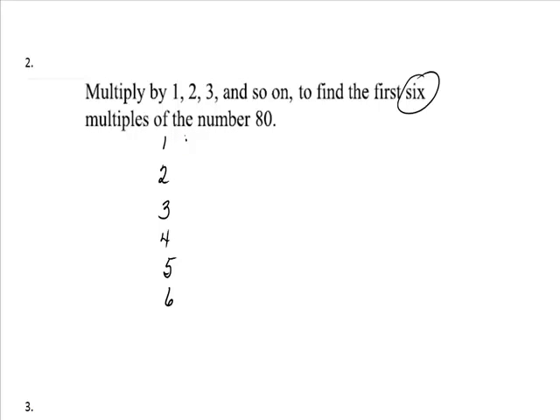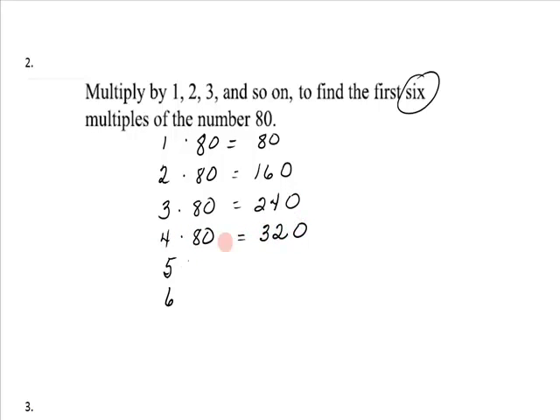So 1 times 80 is 80. 2 times 80, just think about 2 times 8, which is 16, but then add the 0, so it's 160. 3 times 80. 3 times 8 is 24, add the 0 on. 4 times 80, well, 4 times 8 is 32, add the 0. 5 times 80. 5 times 8 is 40, add the 0.